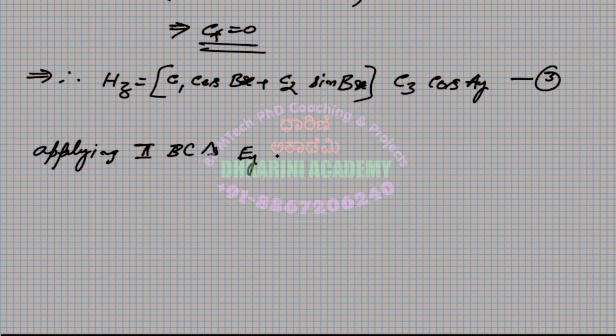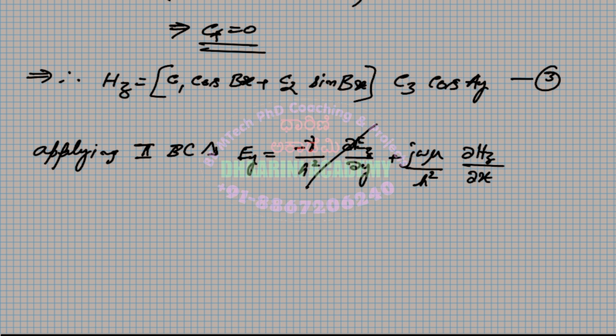There is a component called Ey which can be written in the following fashion: minus gamma divided by h square dou Ez by dou y plus j omega mu divided by h square dou hz divided by dou x. In this particular term, I don't have the Ez component, so this is equal to 0. I just have to substitute the term on the right side.